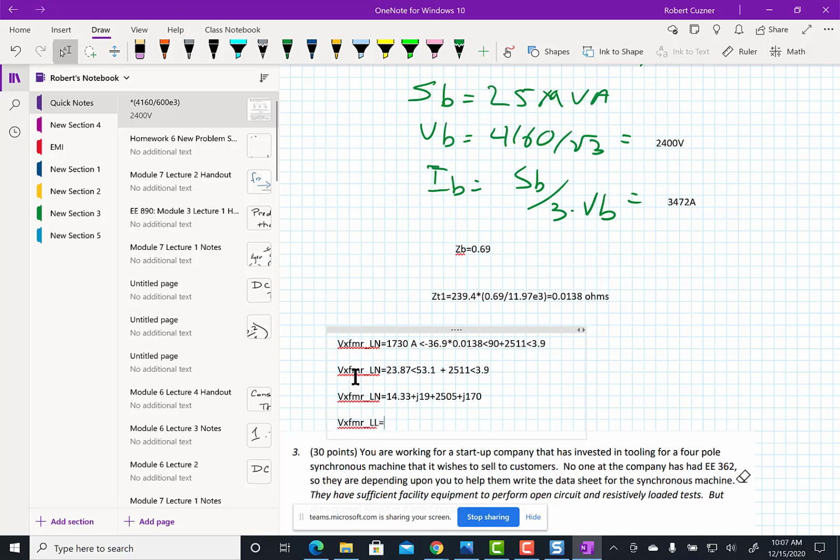I'm going to find the amplitude, the square root of the sum of the squares: 2505 plus 14.3, plus J 19 plus 170. So I got 2526 times square root of 3, and I get 4375 volts. That's what the transformer has to put out.